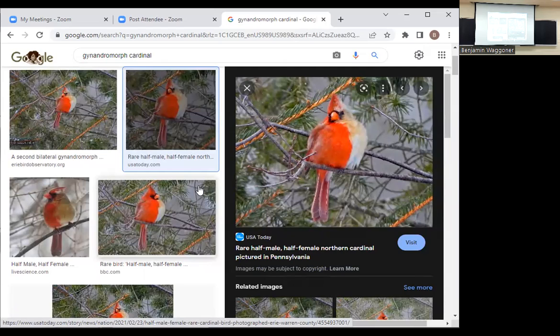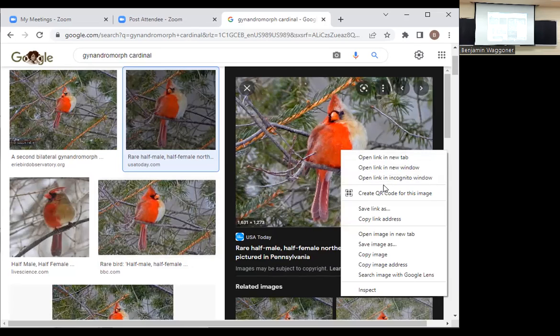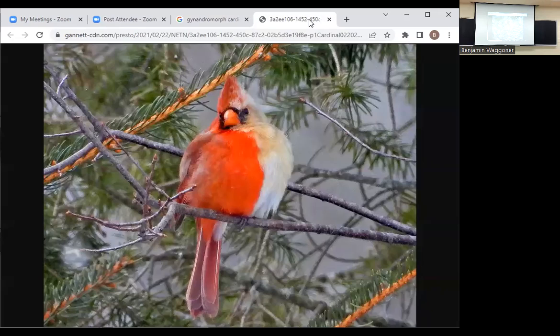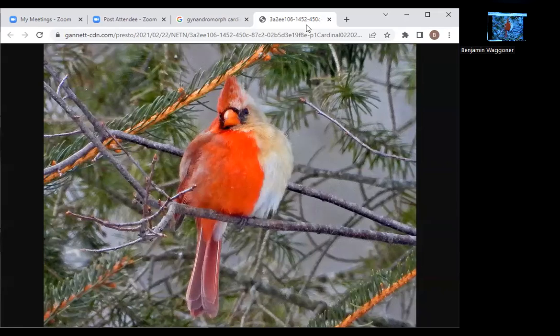Normally that's not supposed to happen, but if it does, you can end up with an individual that is quite literally half and half. So that's a cardinal that was found in Pennsylvania not too long ago, where half of the bird's body is male and the other half is female.